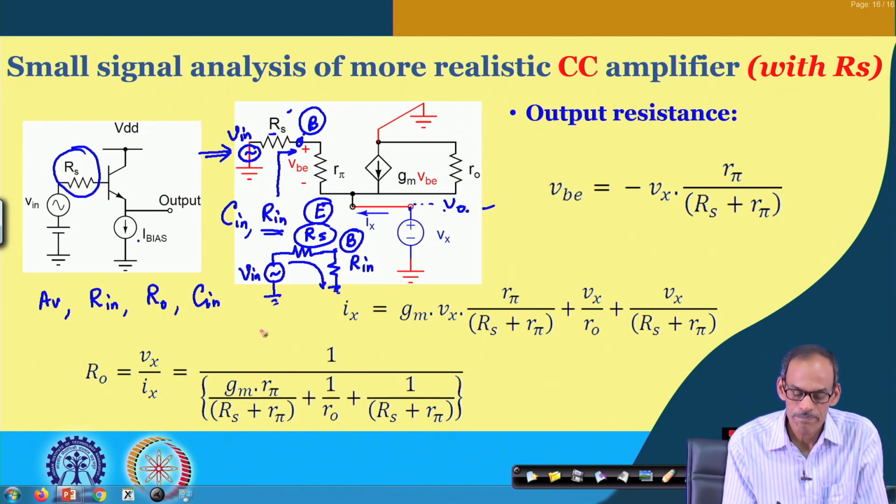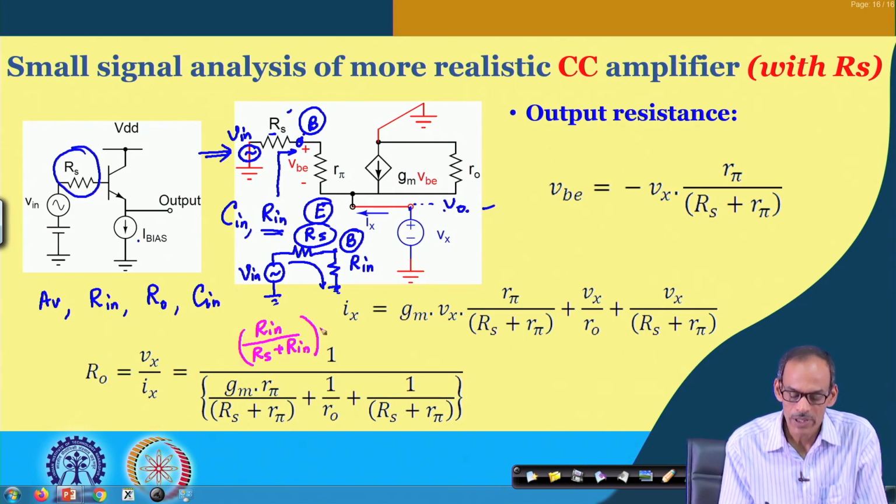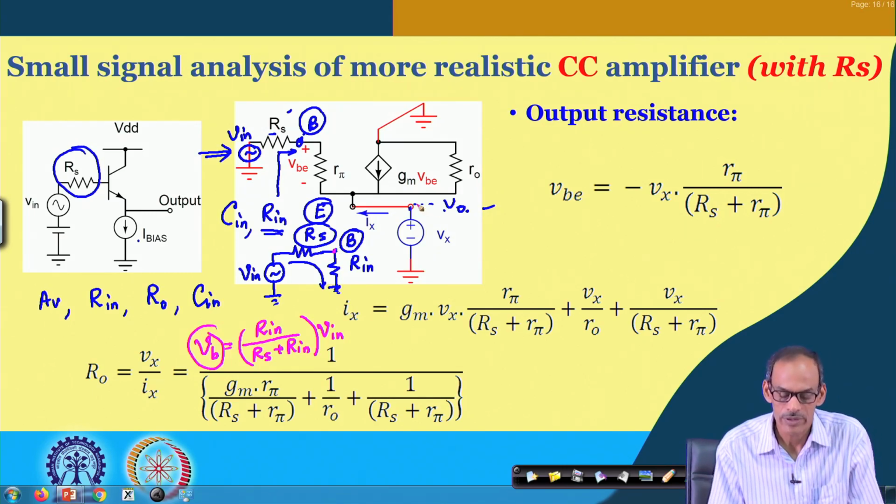It is R in divided by R s plus R in. So, this is the additional factor. If I multiply this with V in, that gives us the base voltage, and then from the base point to the corresponding emitter point, the gain is approximately 1.